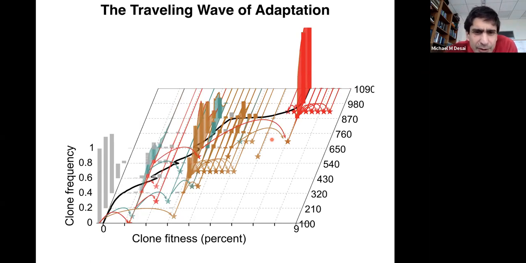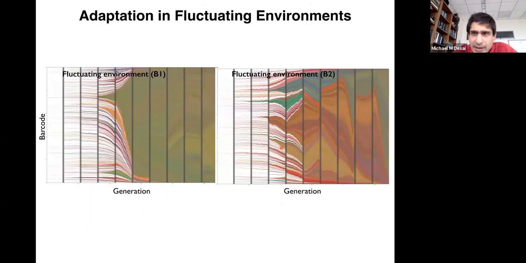So this gives a concrete experimental system in which we can look at the dynamics of traveling wave adaptation in microbial populations. We've also started to look more explicitly at more complicated systems where, for example, environmental conditions fluctuate over time.